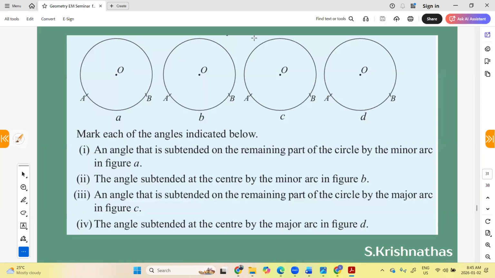I can give you 2 minutes. Then understand how to construct the angles according to the diagram and the given data.